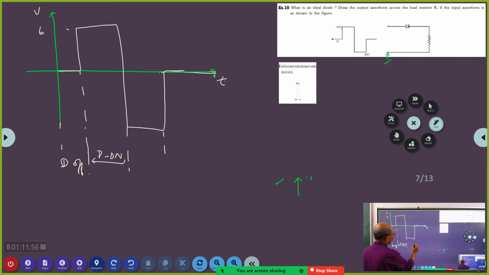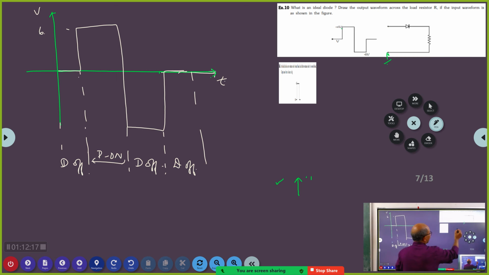And now during this time, this voltage is negative with respect to this, again the diode is off. And again here, the diode is on. Clear?